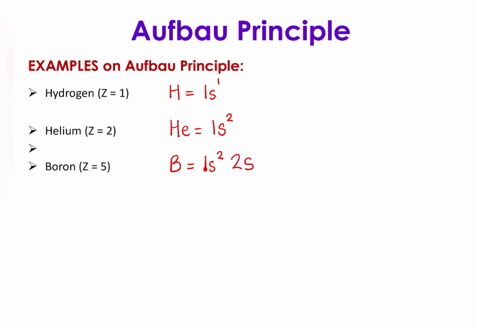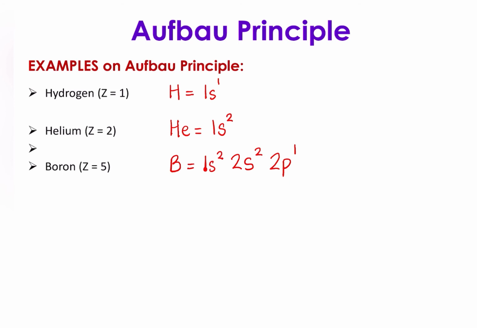Dan maksimum kita boleh isi 2. So far elektron saya dah guna 4. And the next orbital after 2s adalah 2p. Dan baki elektron saya daripada 5, saya dah guna 4, ada 1 lagi. So dia akan jadi 2p1. So this is electronic configuration untuk boron based on Aufbau Principle.